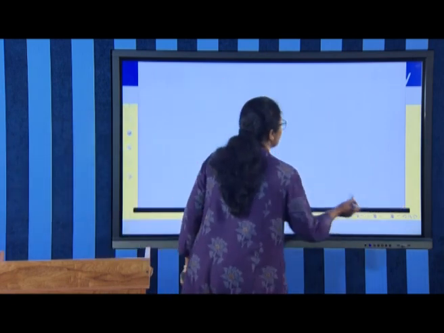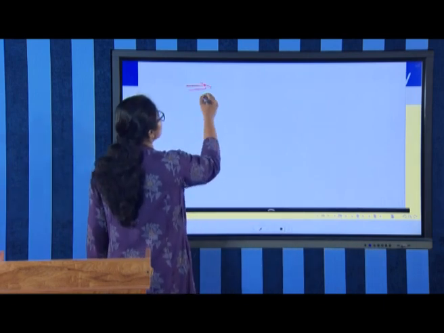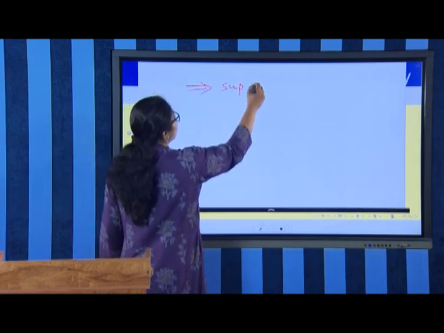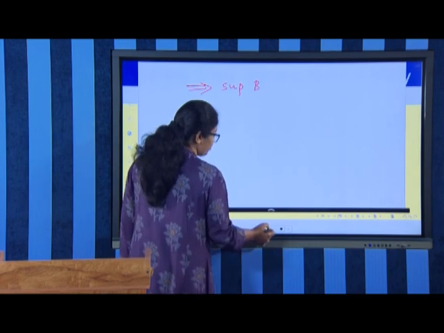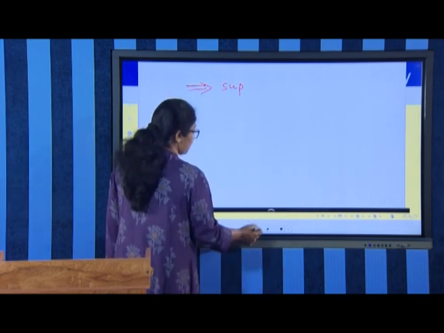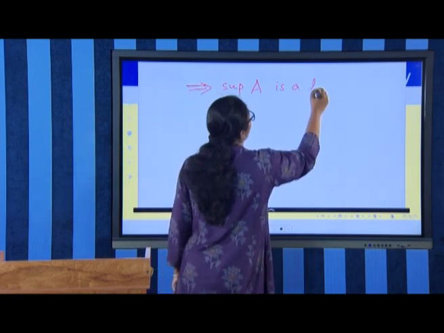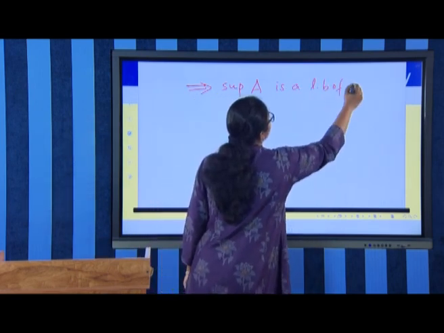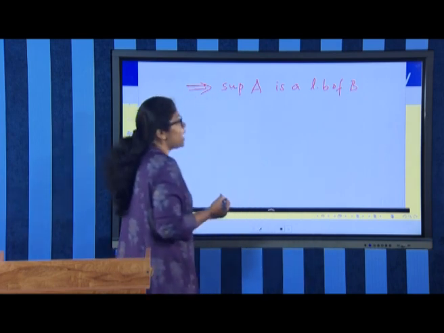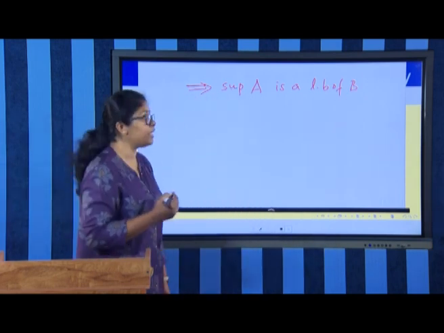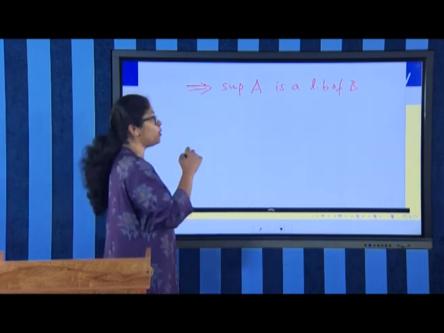So this indicates that supremum of A is a lower bound of the set B. And what is infimum of B? Infimum is the greatest of all lower bounds.